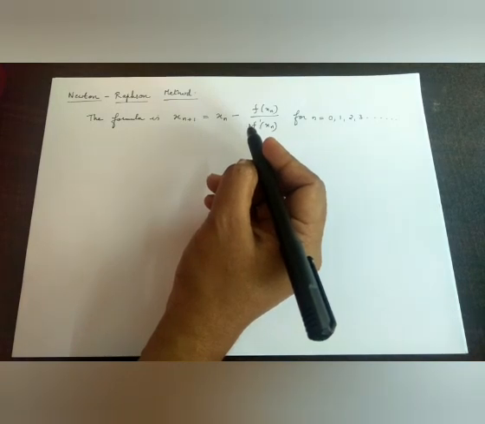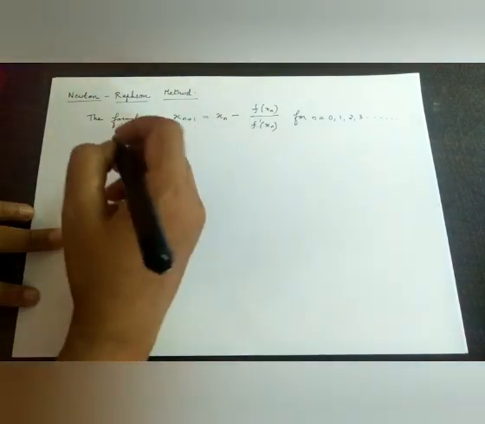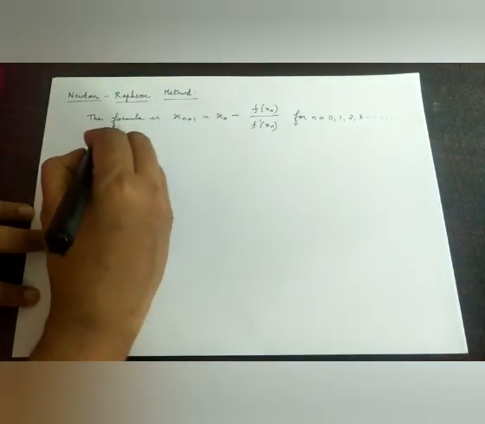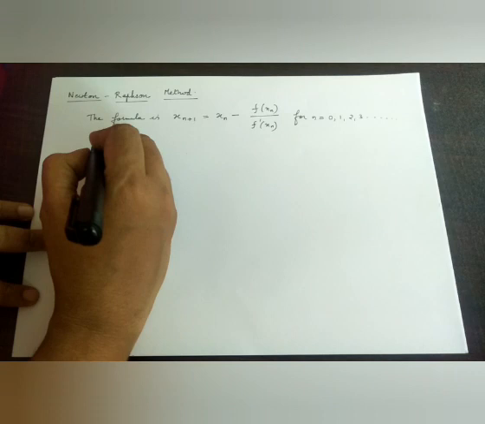Okay. Now in this case, we will take two consecutive integers a and b, so that f(a) and f(b) have opposite signs.